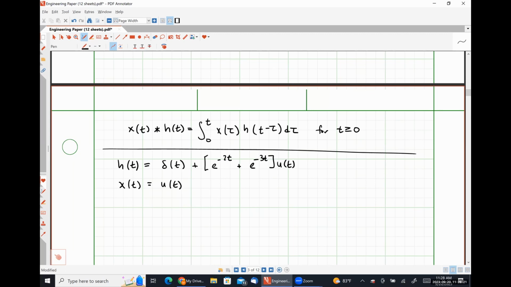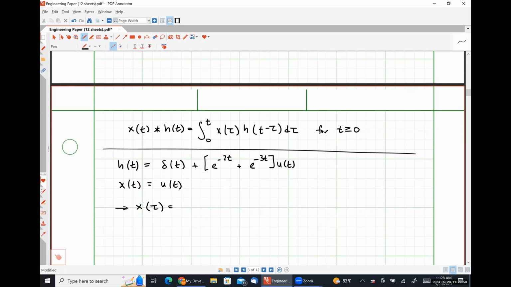So how I like to perform the operation of convolution is as follows, right? So I'm going to define x of tau, and I'm going to do that by literally just replacing everywhere I see t with the letter tau.